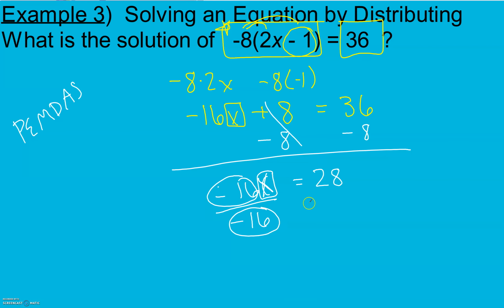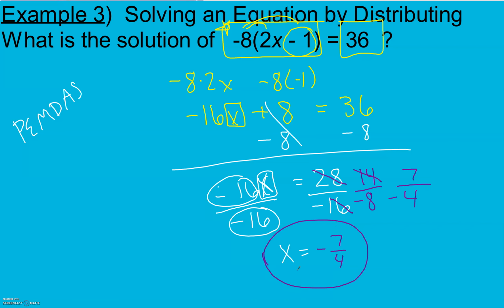It's a negative 16, so we divide by negative 16. And then reduce here if we can. I can take a 2 out of both of them. Don't forget that negative. I can take a 2 out of both of them again. So I get negative 7 over 4. Or negative 1.75. And if we check that here, it will work.